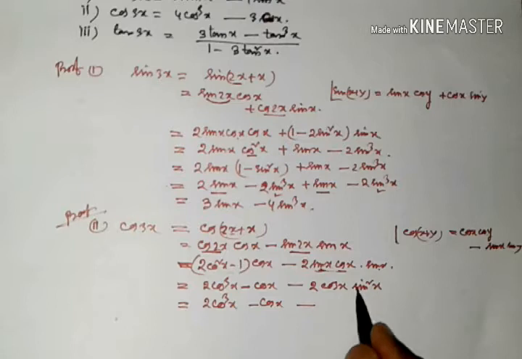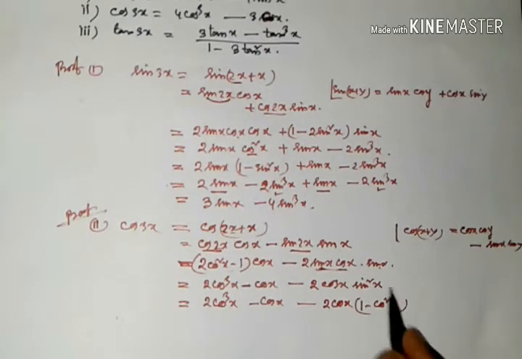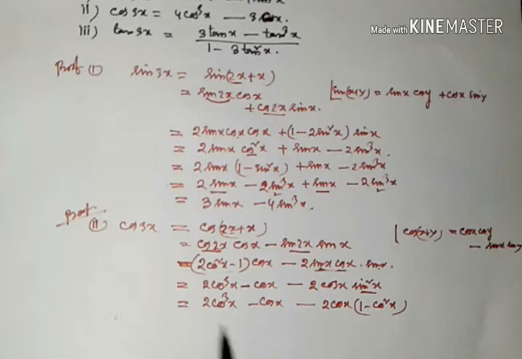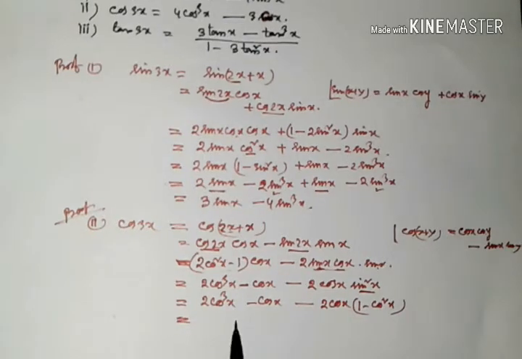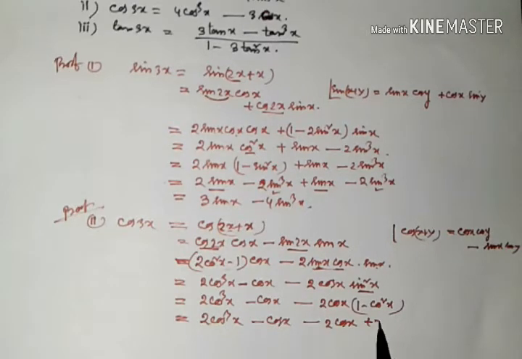We have to convert this sin square x into cos square x: 2 cos x into (1 minus cos square x). Now 2 cos cube x minus cos x minus 2 cos x plus 2 cos cube x.